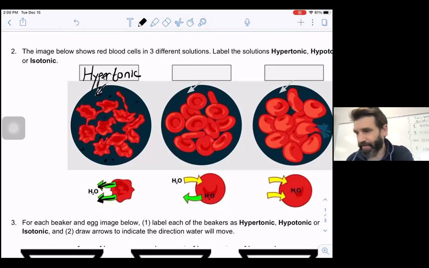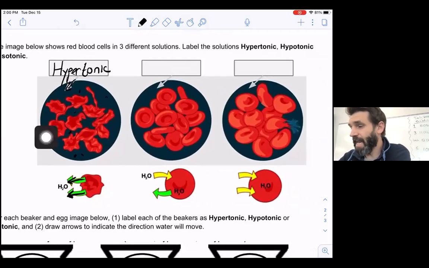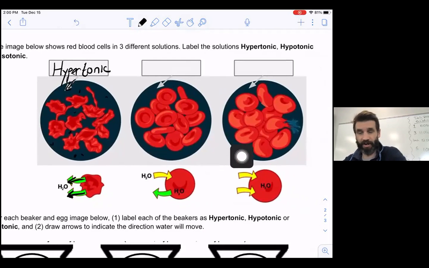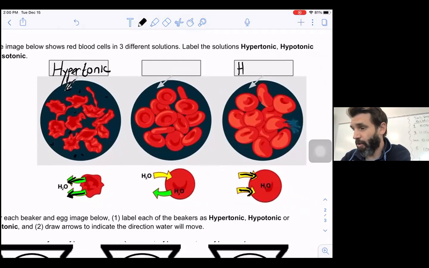The opposite of it is if we just dropped these cells in just water. If you took collected red blood cells and put them in water, they will fill up with water and explode. So water is going into these cells. That means this solution out here is hypotonic.